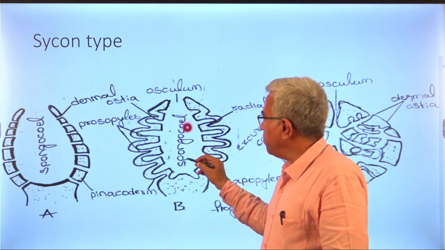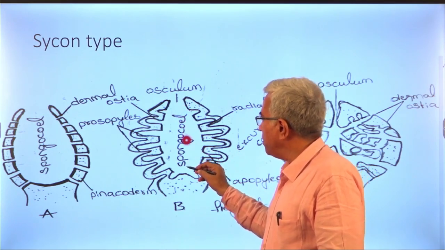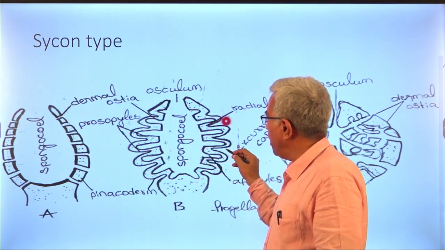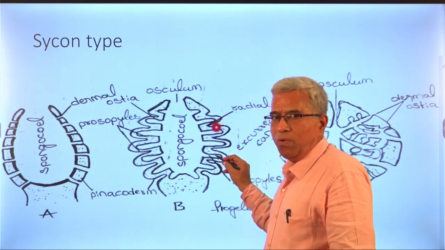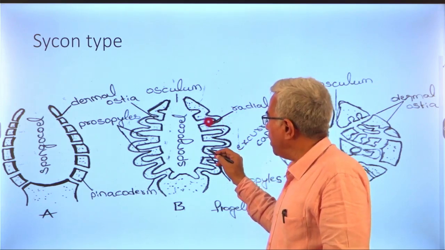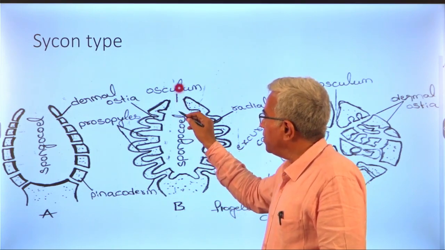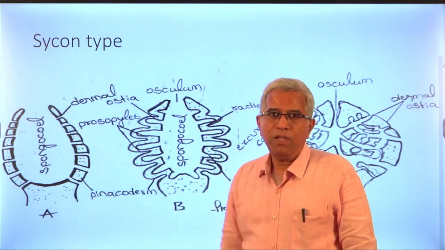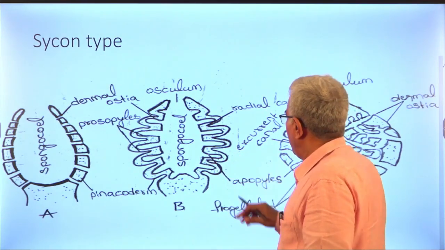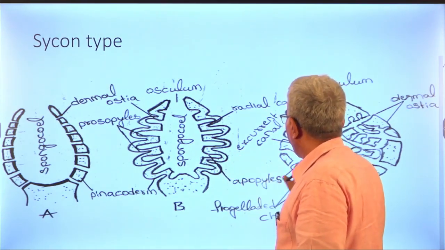That means in the case of the Sycon type of canal system, you can find ostia which open into incurrent canals, and radial canals are also there, and spongiocele is there, and spongiocele opens to the outside through the osculum. This is about another type, namely Sycon type.